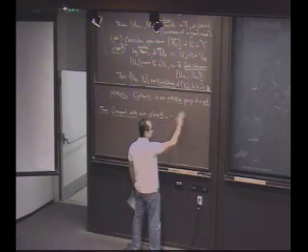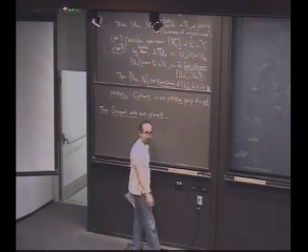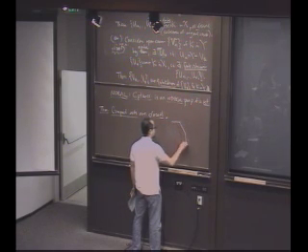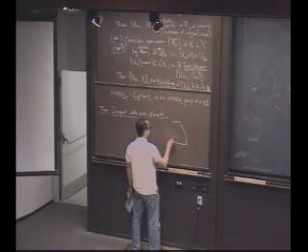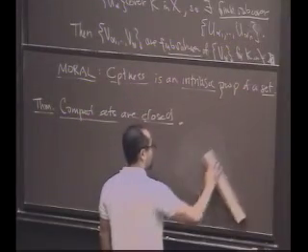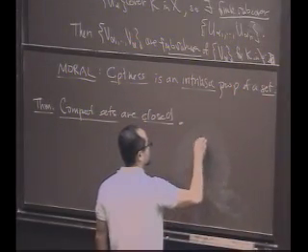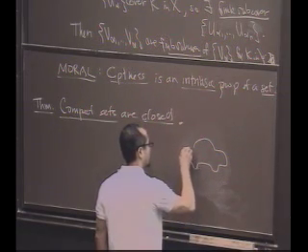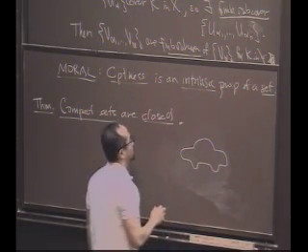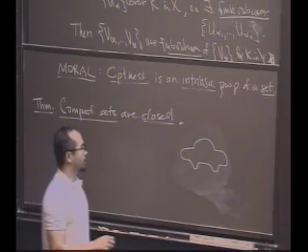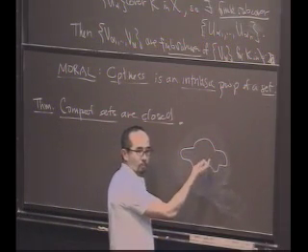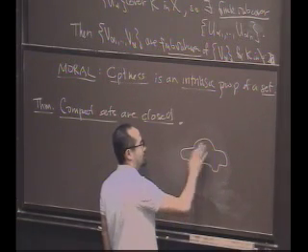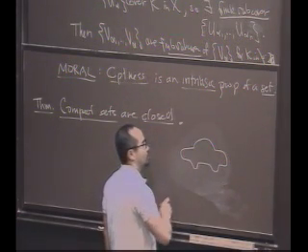Imagine the whole board is the metric space, and here is some set K. Let's have a little more fun. Here is some set K, and it's a car. It's a compact car. And I want to show that compact sets are closed.